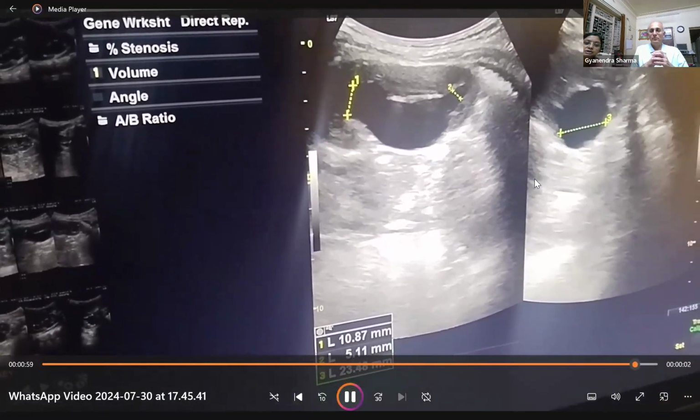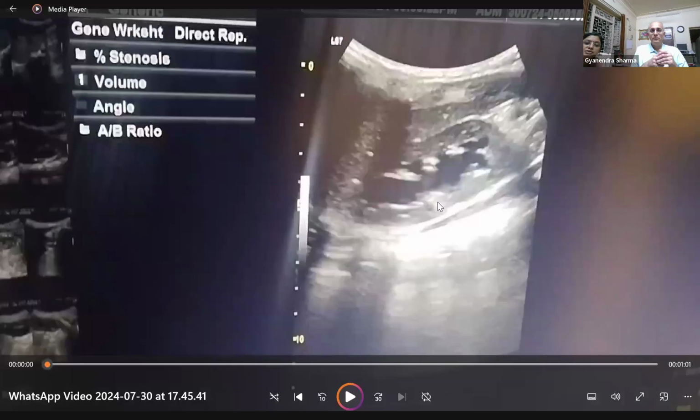The important feedback here is, number one, that you have to measure it within the confines of the renal parenchyma. Number two, be sure that you are measuring at the same place. Suppose in the supine position you are measuring it here somewhere, and when it becomes prone, you are measuring somewhere on the top part, on the peripheral part.